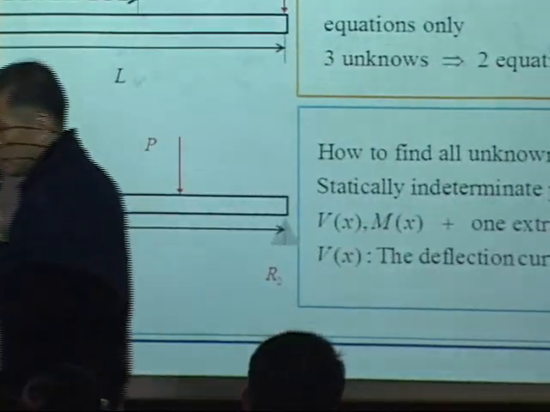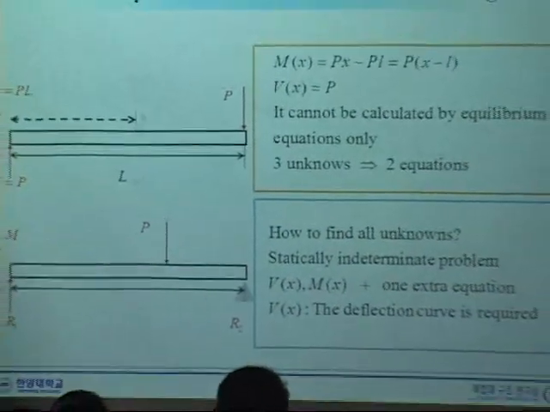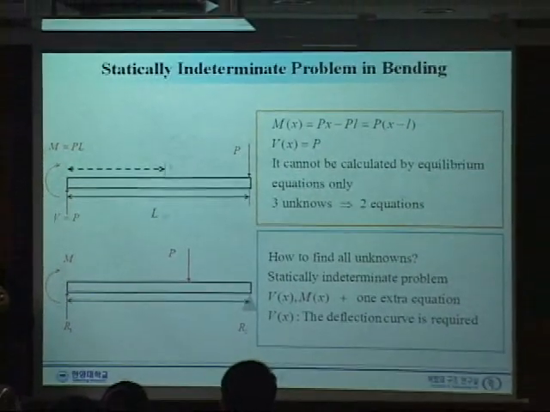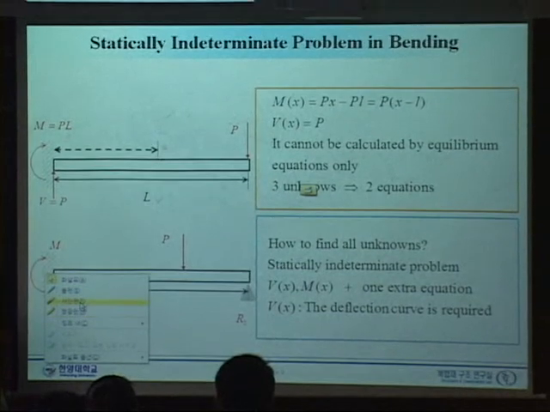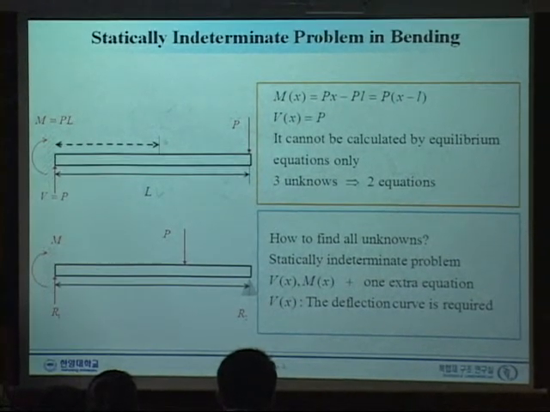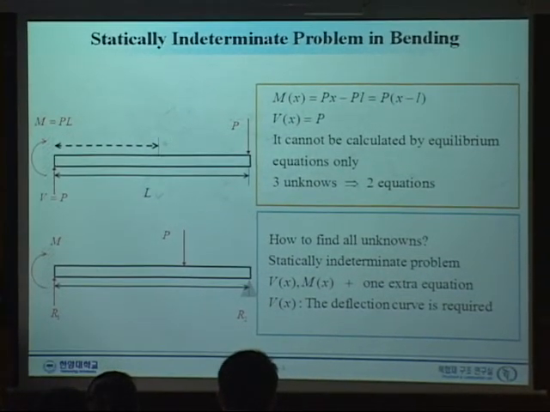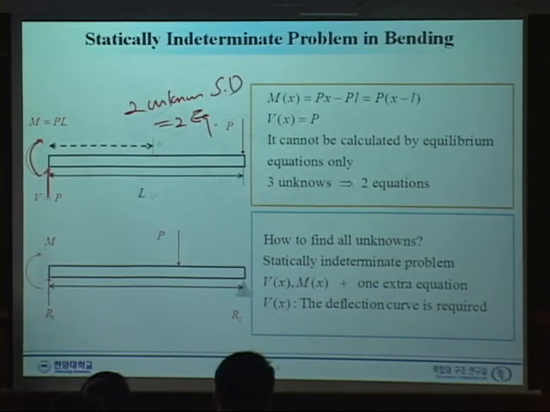Whereas this one is statically determinate, we only have 2 unknowns, which are this vertical force and bending moment. Those are 2 unknowns, and 2 equilibrium equations. So this is statically determinate.